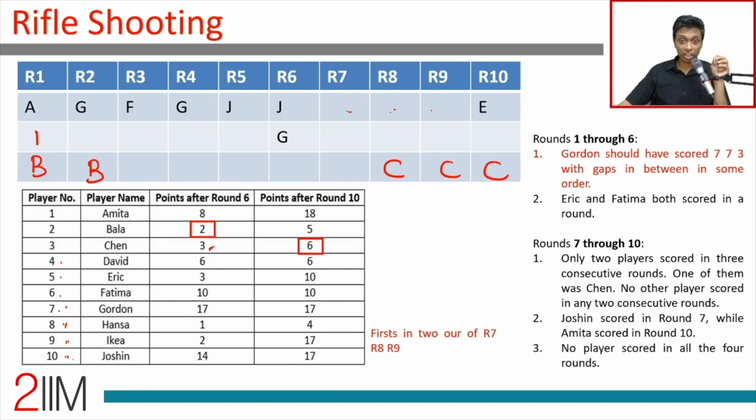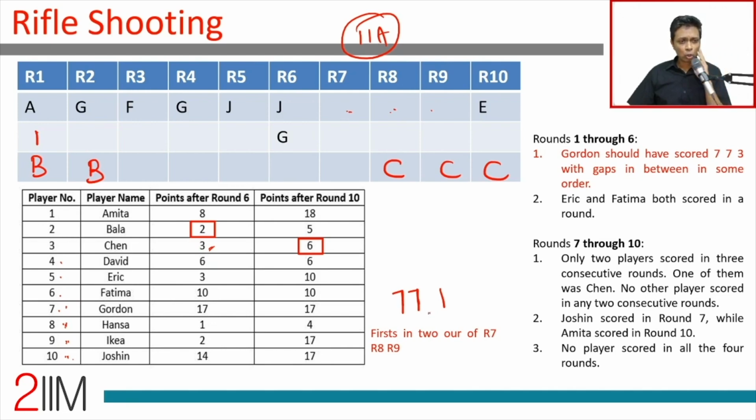We know the missing 3 are I and A in some order. We do not yet know the order. So we know that IKEA in rounds R7, R8, R9 has 7, 7, 1 in some order.